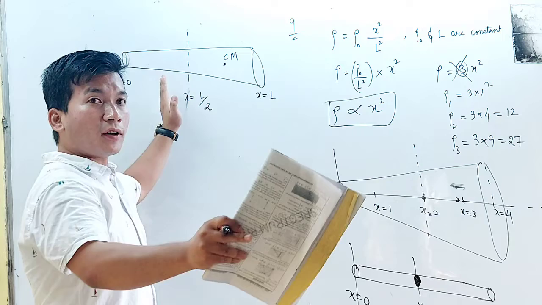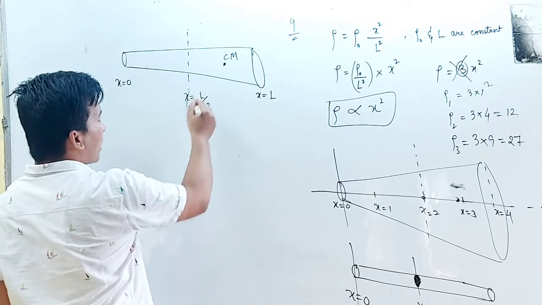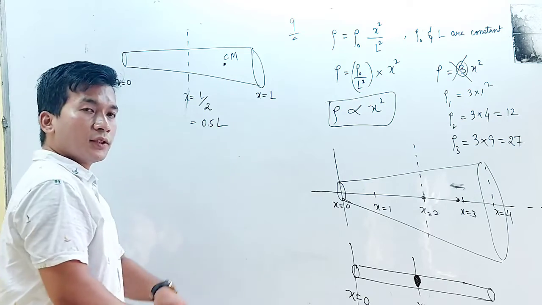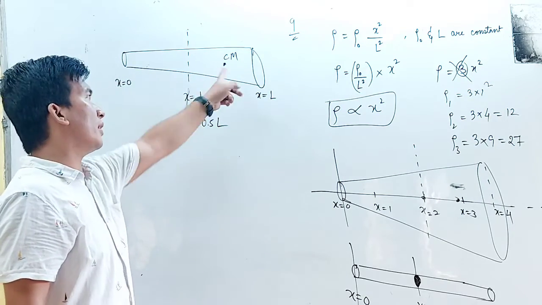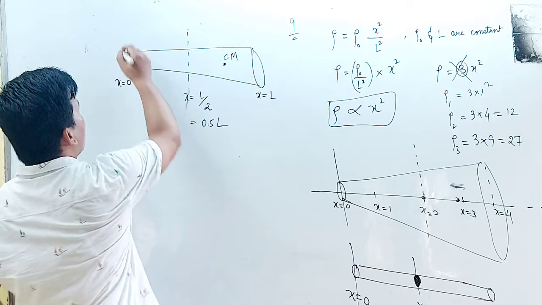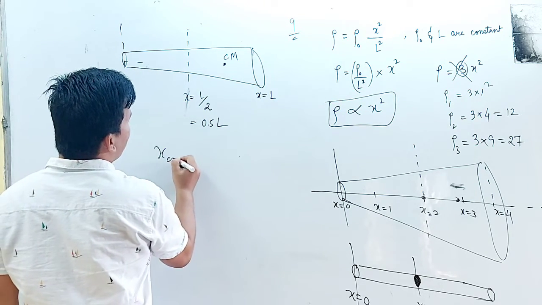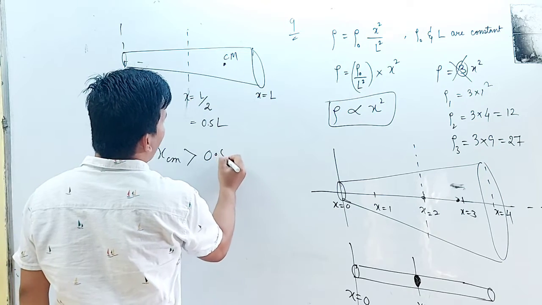The midpoint value will be 0.5 L. If this is considered as the origin, our XCM will be greater than 0.5.